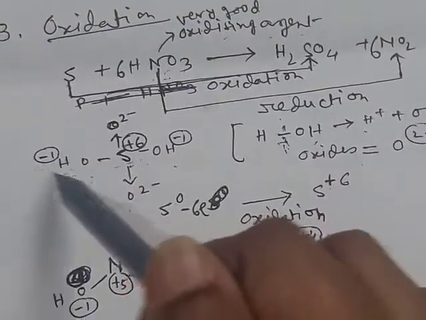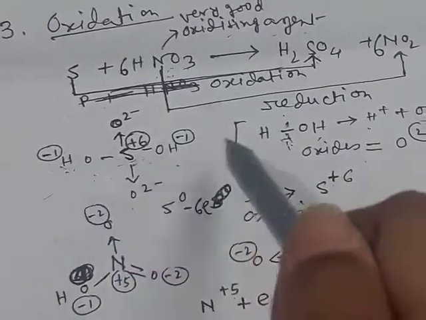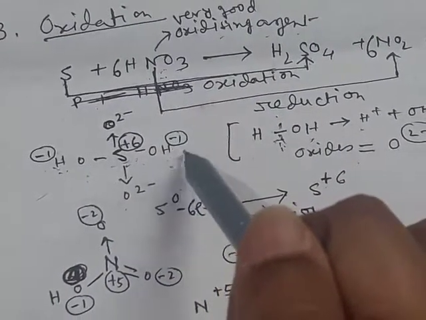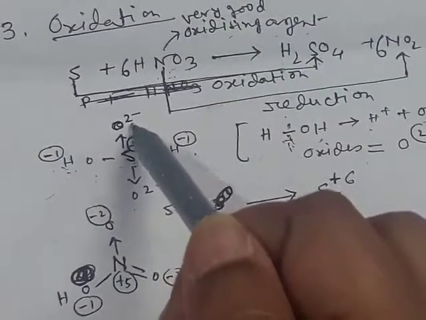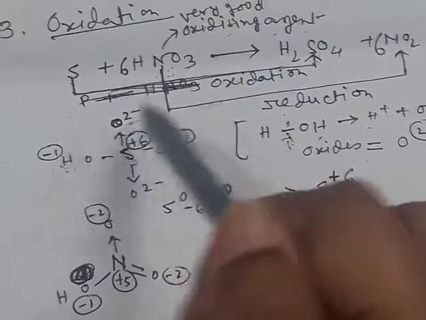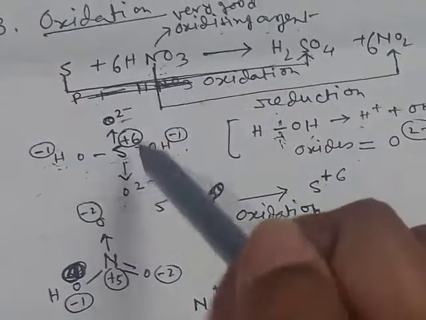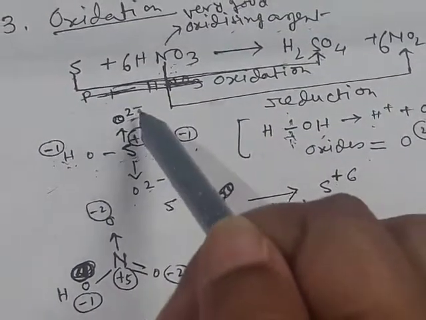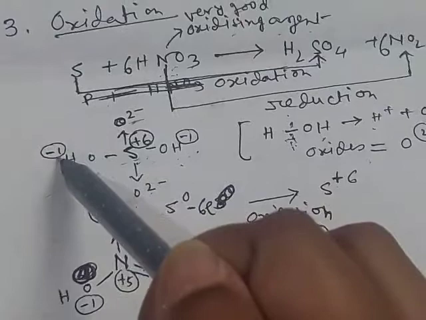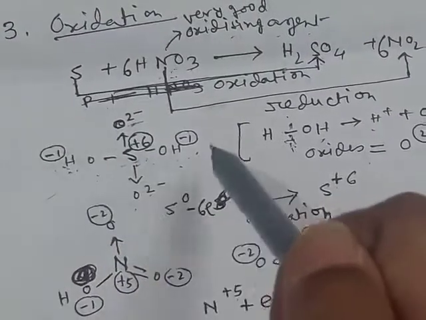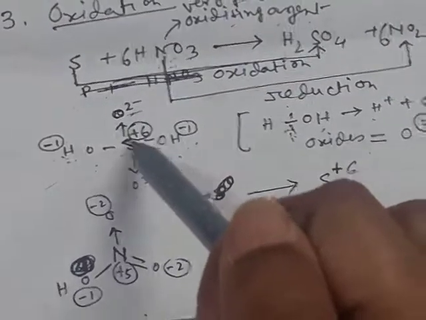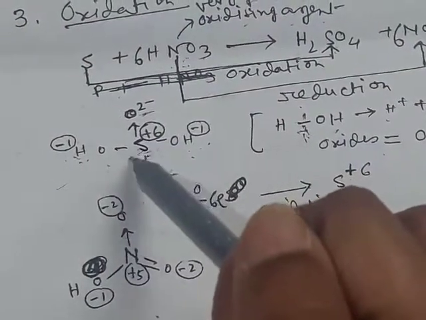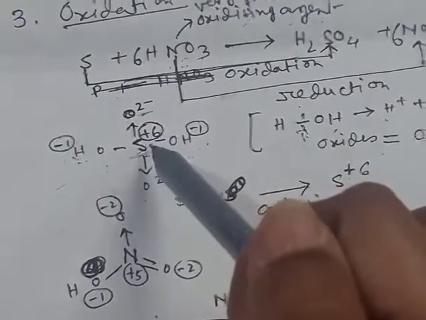For each OH there is -1. There are two oxygens, and we know for oxide there is 2 minus. So the total negative charge is 2 plus 2, 4 minus, here 1, 5, here 6, so -6. So the total positive charge will be +6, and this positive charge goes on sulfur.